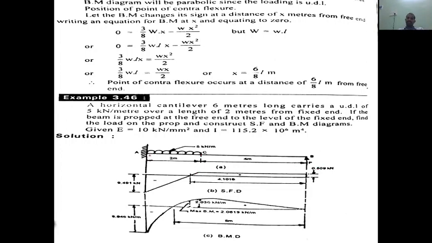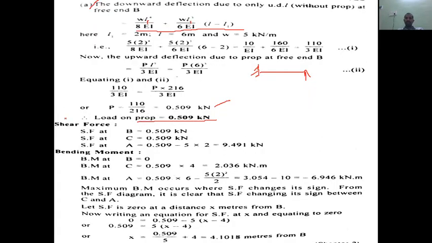But from C to A, due to this UDL, gradually this value comes downwards. At B it is the same, at C it is the same, but at A it is the prop reaction minus 5 into 2, and when you calculate it is 9.4492 kilonewtons.